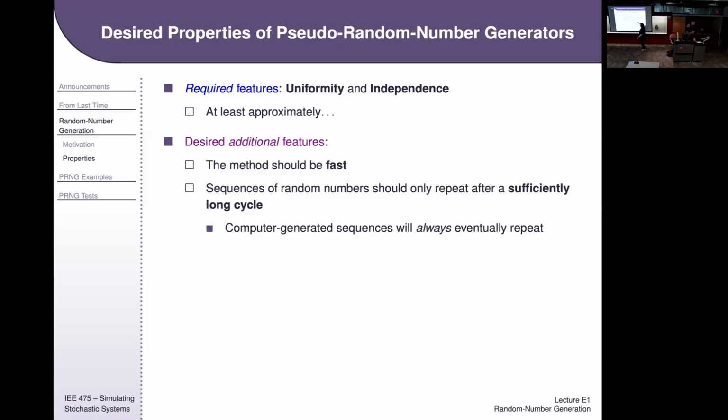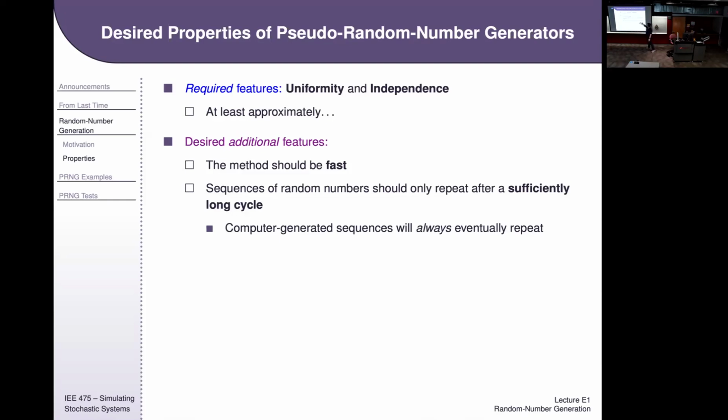But then in order to try to get uniform and independent, I need to design some method that I can run on that computer. And a good random number generator doesn't have to have this, but it's highly desired, that the random numbers be generated quickly. And it's highly desired that I have to draw millions and millions of numbers before the cycle repeats.